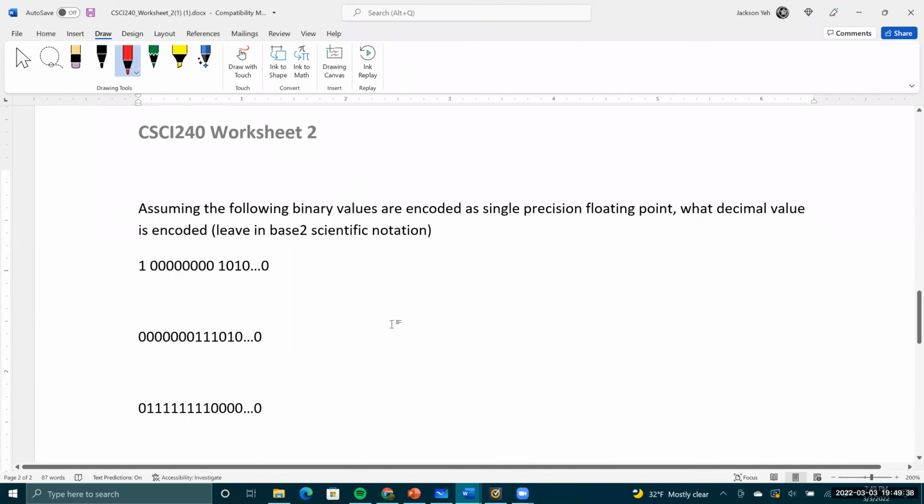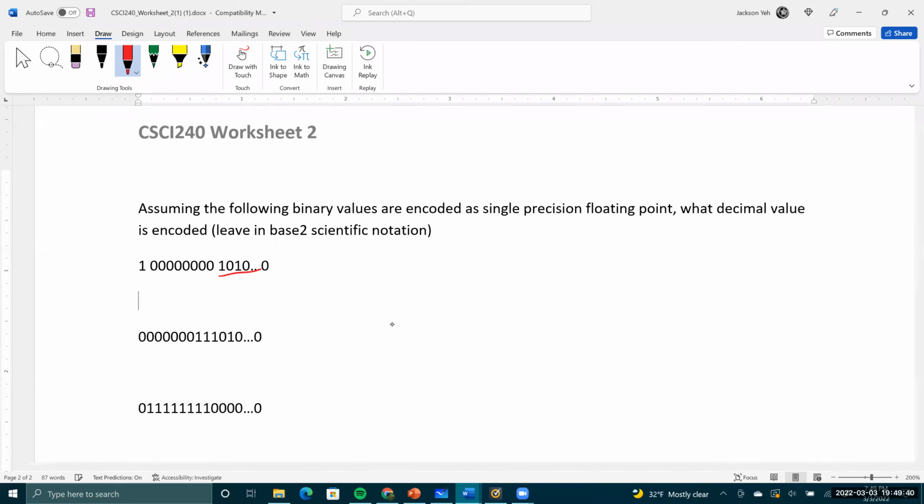Because the fraction here is not all zeros, that means this is a denormalized number. Denormalized means that your exponent is fixed at 2 to the negative 126, and there's no hidden 1. So this is negative 0.101, because it's denormalized, there's no hidden 1, so it's 0 point and the fraction.